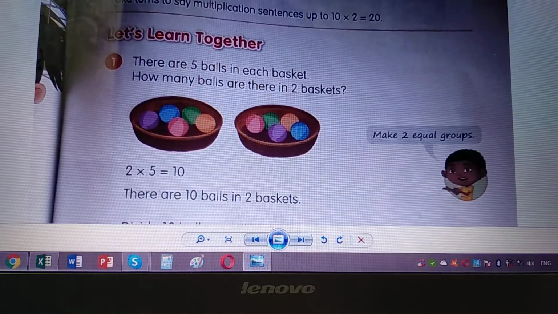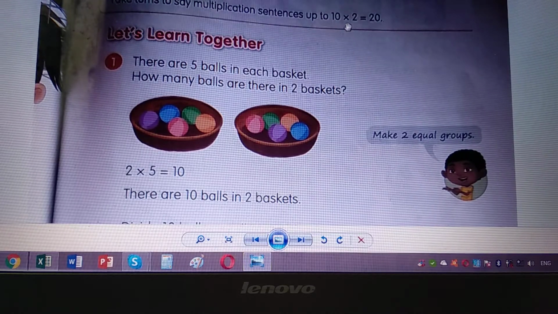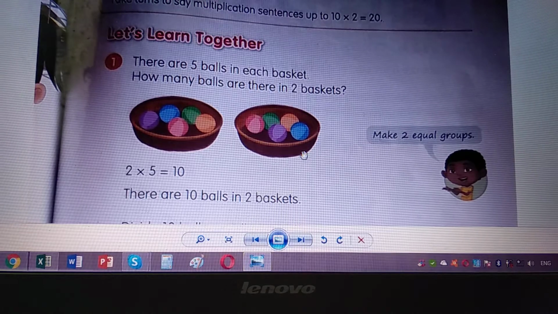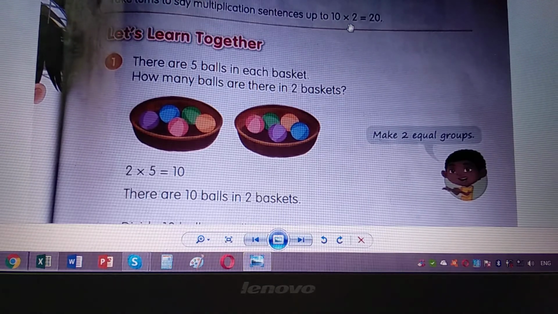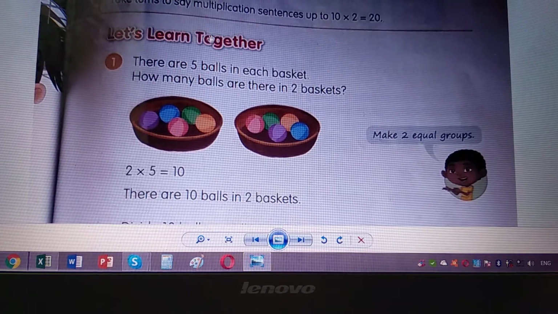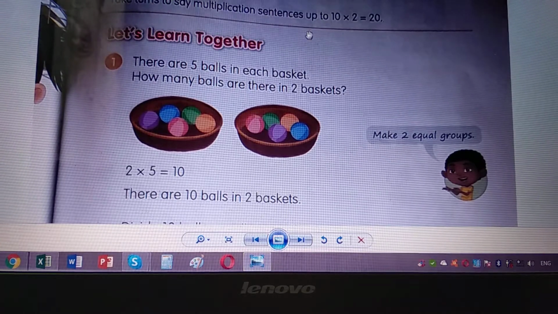Start with 1 times 2 equals 2. Take turns to say multiplications up to 10 times 2. Same thing I did just now: 1 times 2, 2 times 2, 3 times 2, 4 times 2, 5 times 2, and the list goes on until 10 times 2. You'll see why, because it's just the reverse version of multiplication.